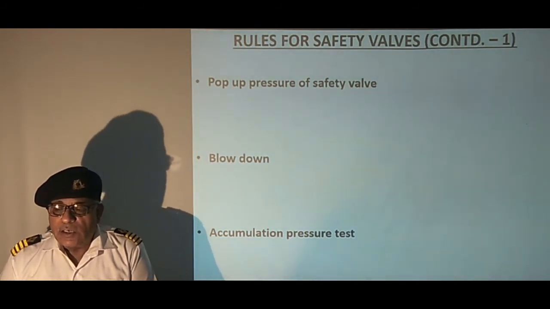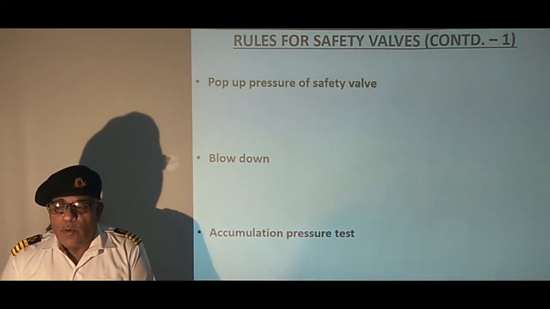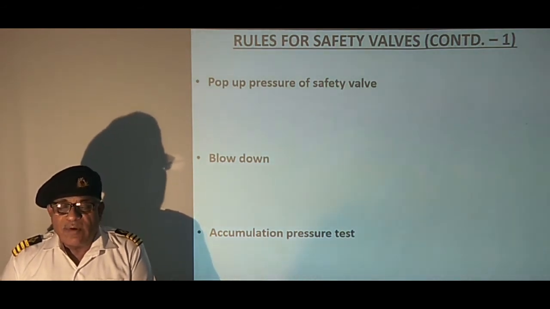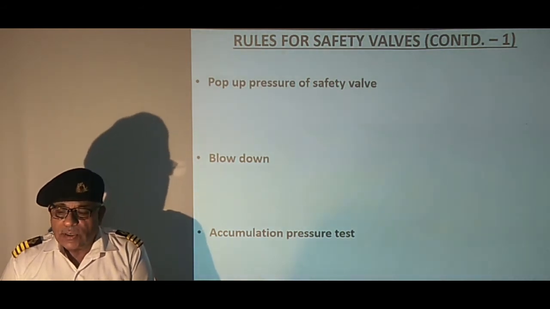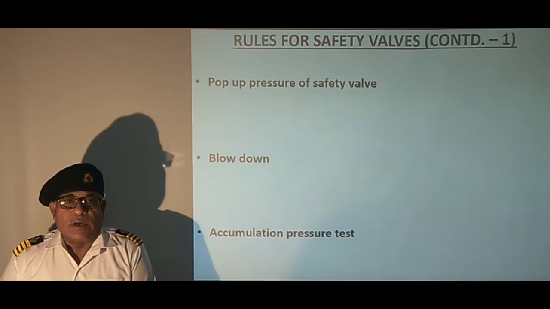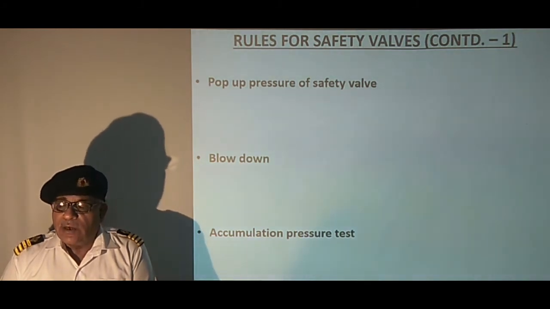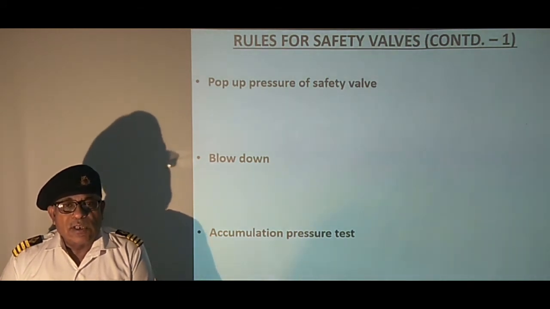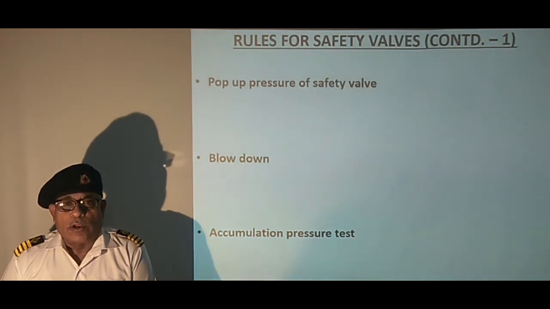When the boiler is firing at the maximum rate and the steam stop valve is closed, the boiler pressure must not increase by more than 10% in 7 minutes for water tube boilers and 15 minutes for smoke tube boilers with the safety valve lifted. The difference in time is given because smoke tube boilers have more water, so it will take more time to raise the steam, and comparatively the water tube boiler has much less water as compared to the smoke tube boiler.